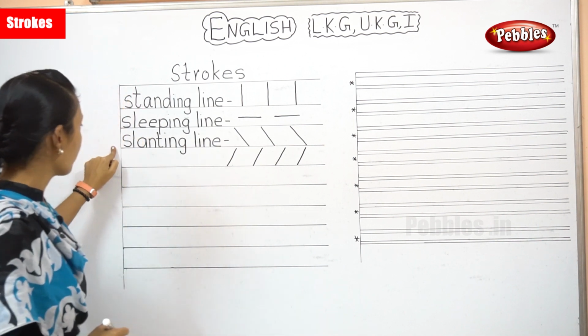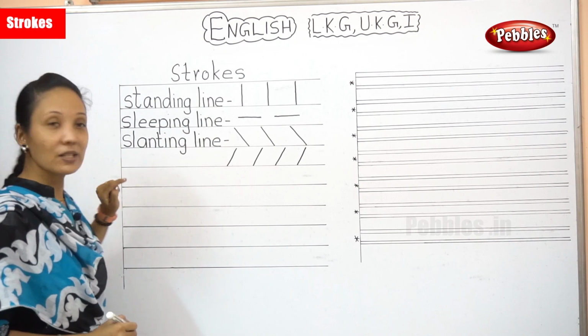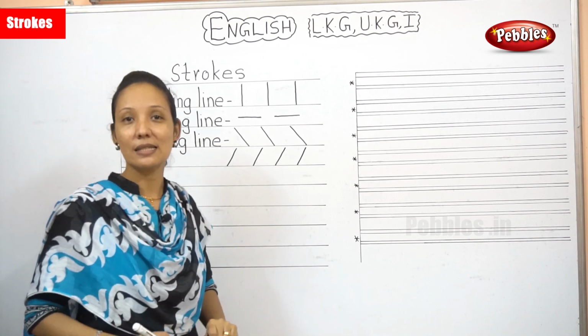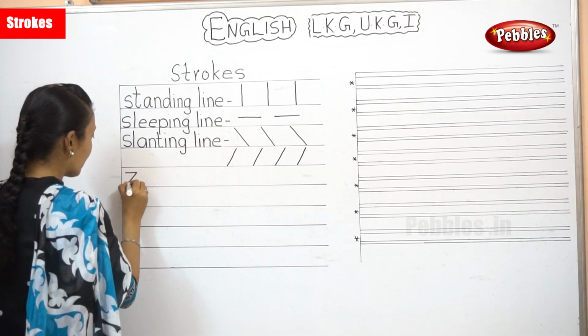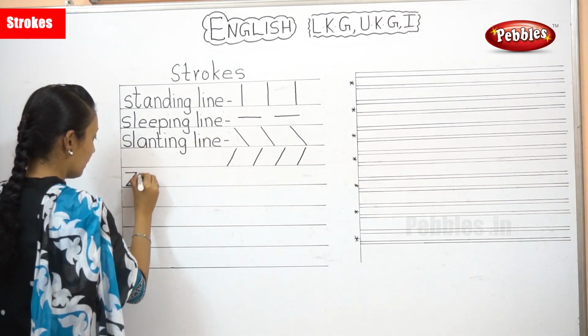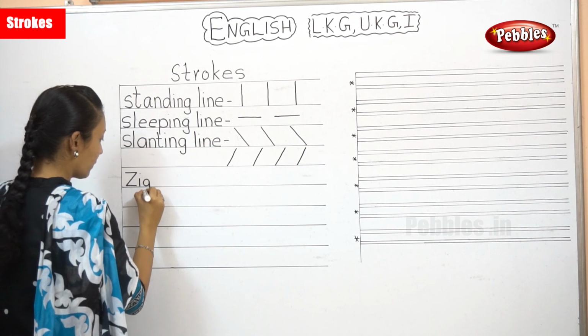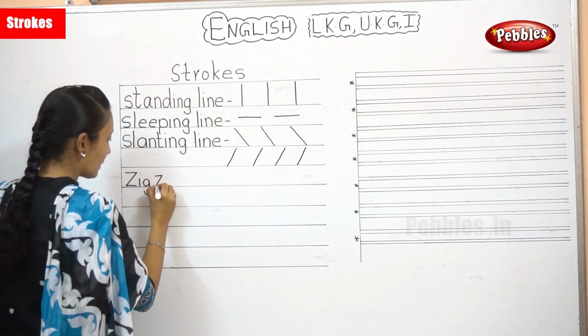Okay. Now, after your slanting line, next we will go to your zigzag lines. Can we see how you should write your zigzag lines? Yes. Your next is zigzag lines.